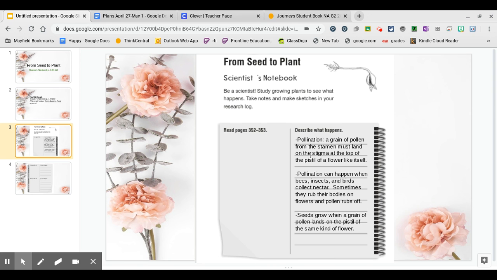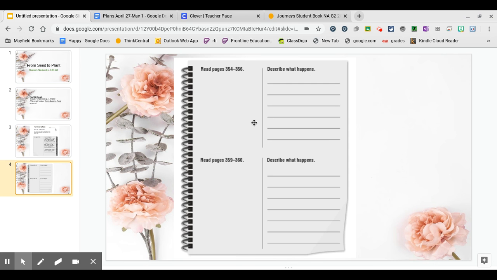We have the beginning two steps: pollination, the seed growing. What do we learn about next? Draw your sketches, take your notes, then see if you can get down 1 or 2 notes for pages 359 through 360 after you read them, and draw your sketches.